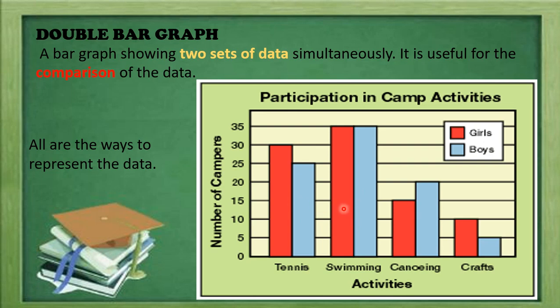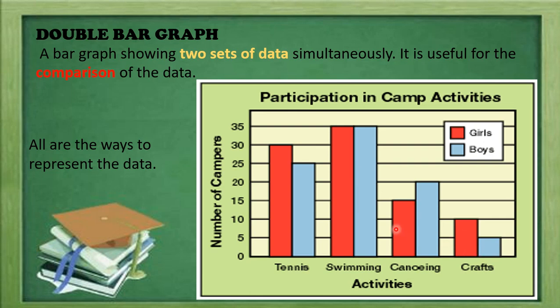Looking at the height of the bars, the activity where boys and girls most participated is swimming. So the activity in which a large number of students participate is swimming, and the least number of students participate in craft.